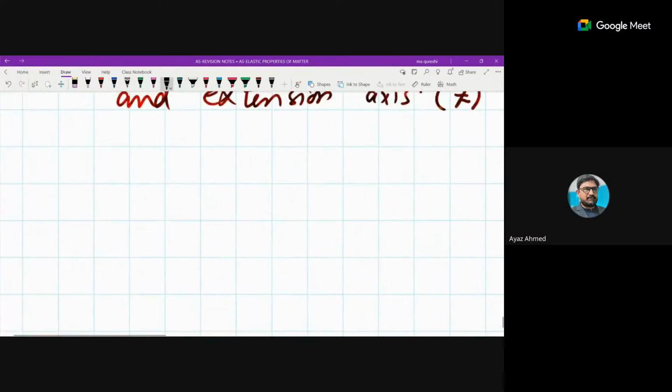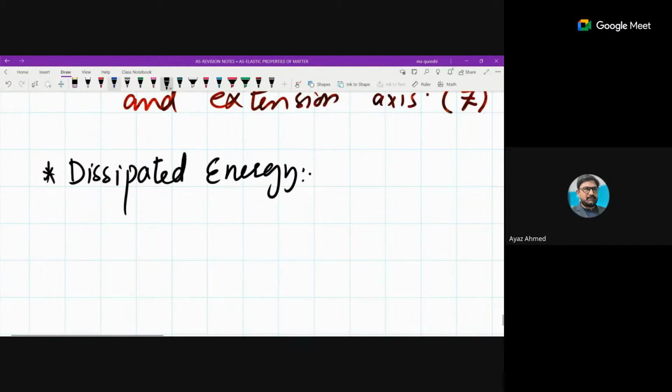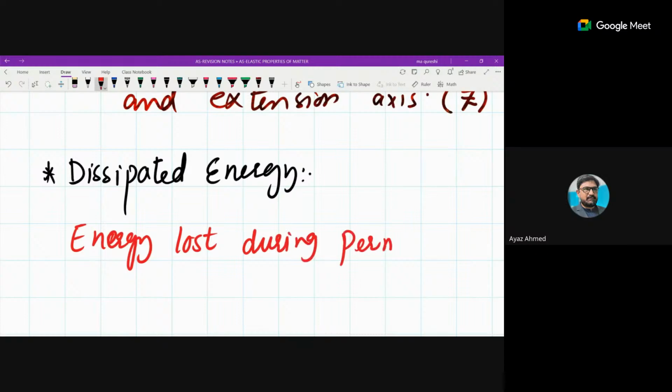So this is the third energy which you have to calculate: dissipated energy, which is not obtained back. Dissipated energy, that is, energy lost during permanent deformation.